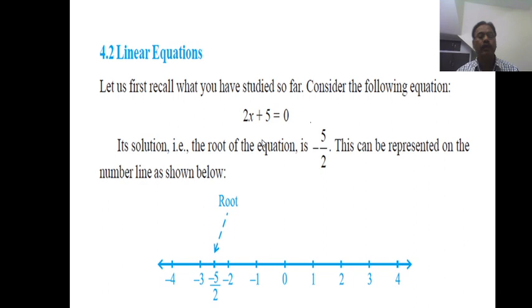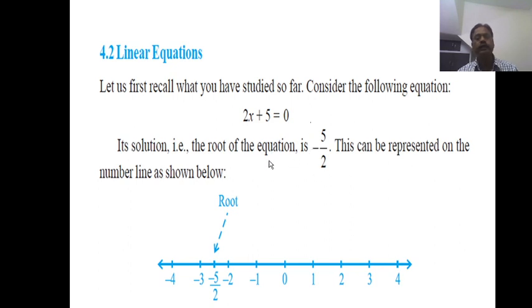Linear equation in one variable, let us see the equation 2x plus 5 equal to 0. Its solution, that is the root of the equation, is minus 5 by 2. Why is it minus 5 by 2? 2x plus 5 is equal to 0, so x will be equal to minus 5 by 2.